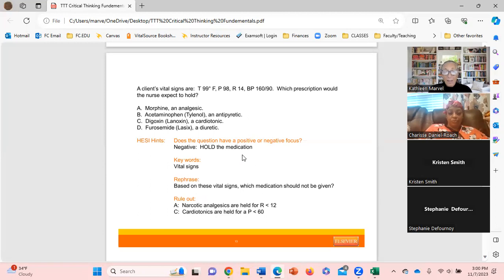I would highly suggest the highlighter for keywords and the line-out for rule out. It'll be a lot easier to tackle the question if you can identify those two right off the bat: keywords, and what can we rule out. Is this helpful?